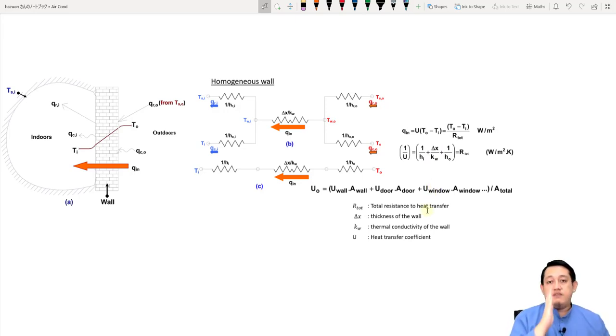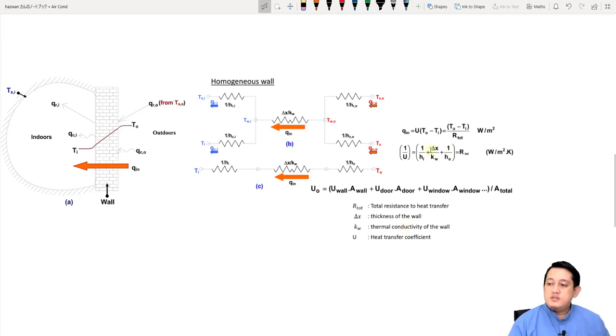Let's say we have plywood as our wall. What is the thickness of the plywood? That will be our delta X, over KW. KW here is the thermal conductivity of the wall. Let's say we use plywood, so we divide by the thermal conductivity of the plywood.